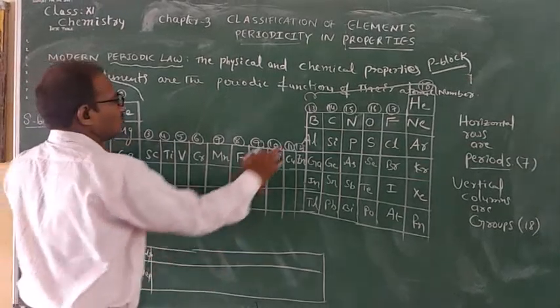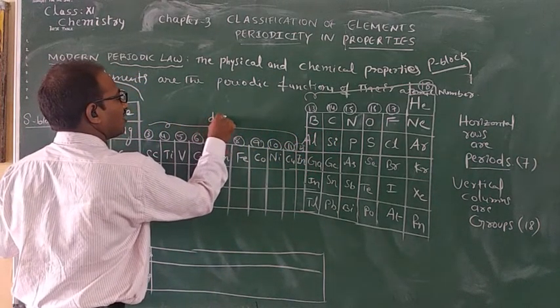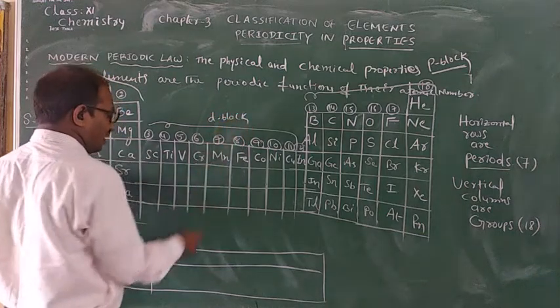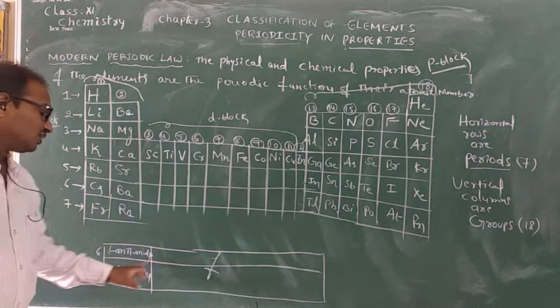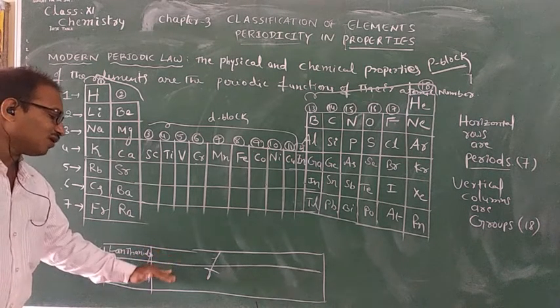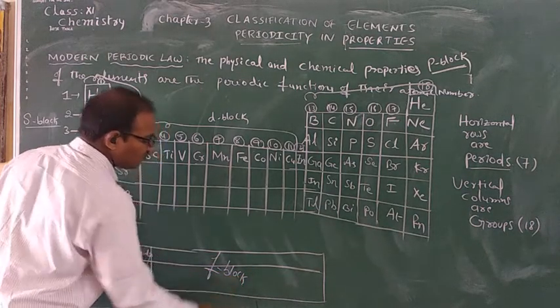And in between the S block and P block, these elements are called D block elements. And last are the two horizontal rows placed at the bottom of the periodic table. They are considered as F block elements.